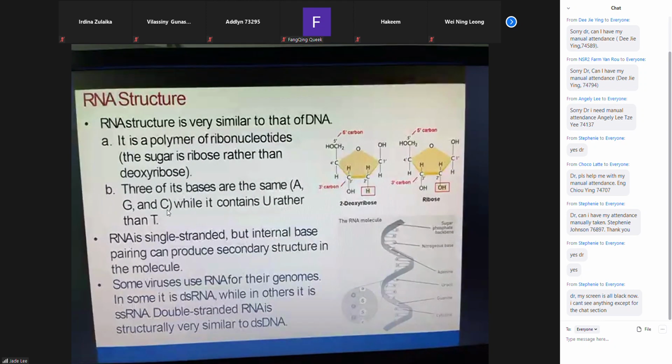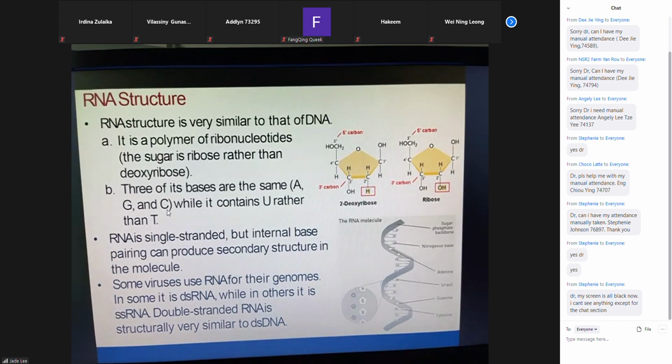So RNA structure is very similar to that of the DNA. It is a polymer of ribonucleotides. The sugar is ribose rather than deoxyribose. Senang saja. You can see it has an OH group on carbon 2, but in DNA it is just an H group, hydrogen only.